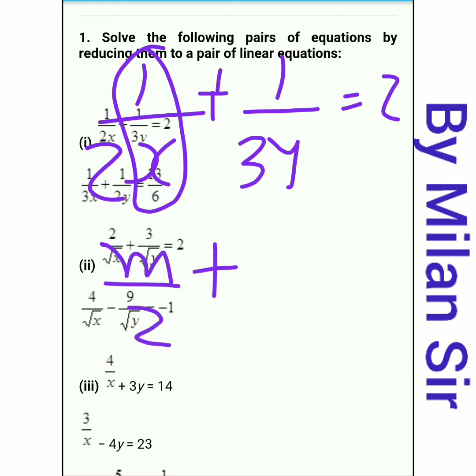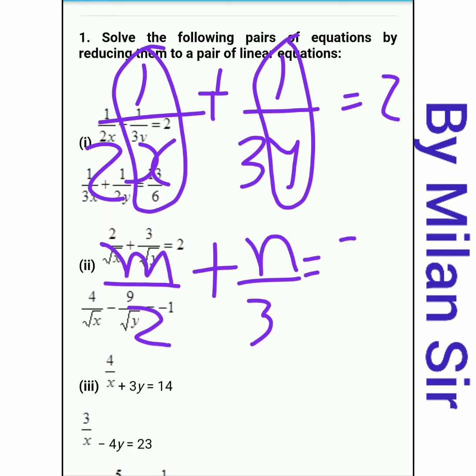Then in place of 1 upon y I write n, divided by 3, is equal to 2. So m by 2 plus n by 3 is equal to 2. Now this is a linear equation in two variables, m and n.